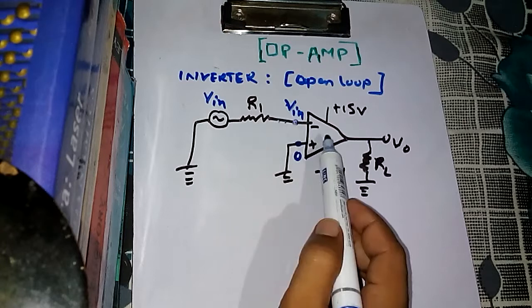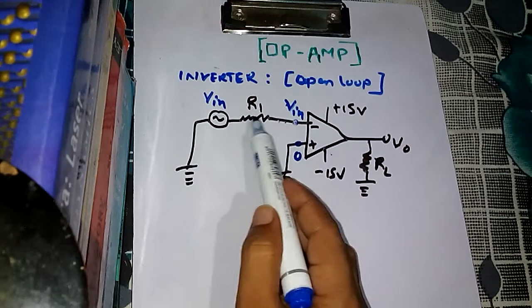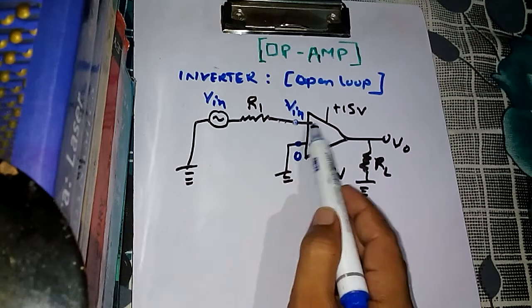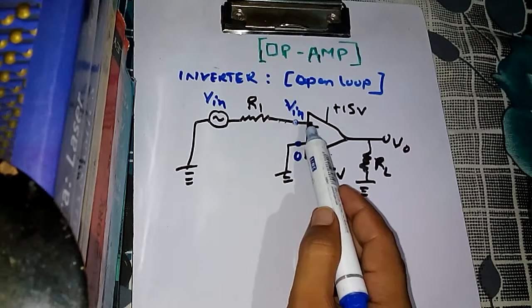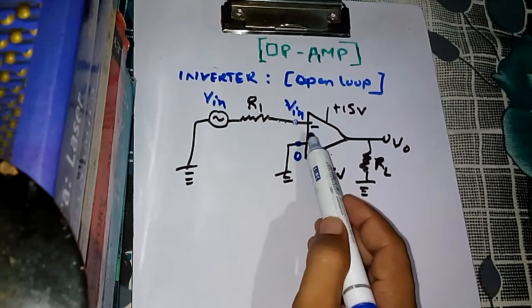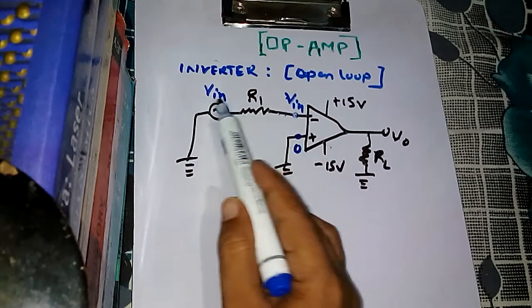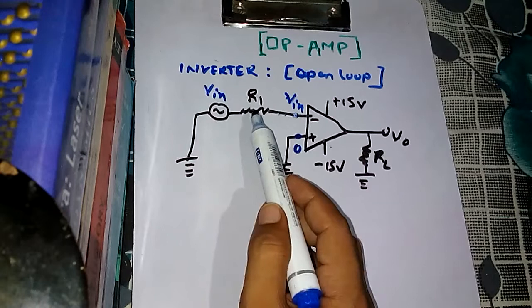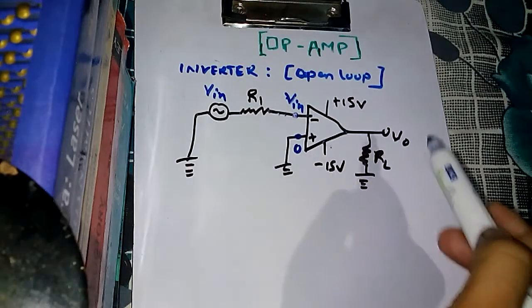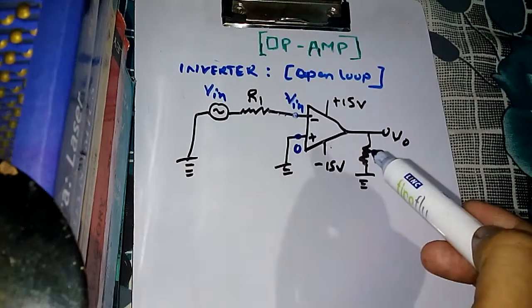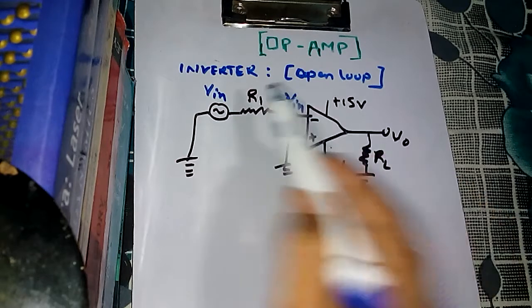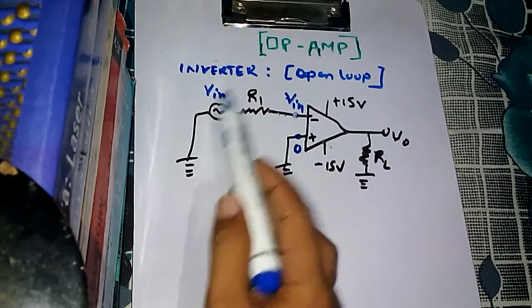And why did it happen that it did not drop across the resistor? Because of very high input resistance, infinitely high, that means very huge input resistance, and because of this the voltage did not drop. Since the operational amplifier is a voltage amplifier, our signal is voltage.